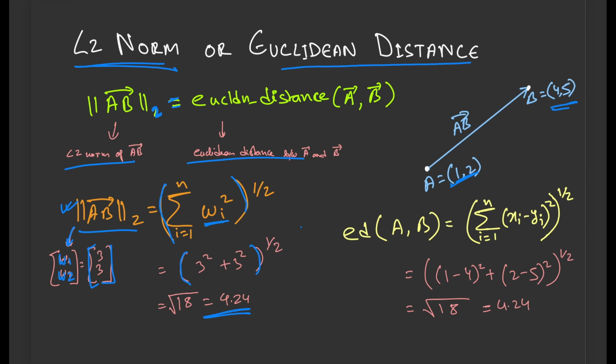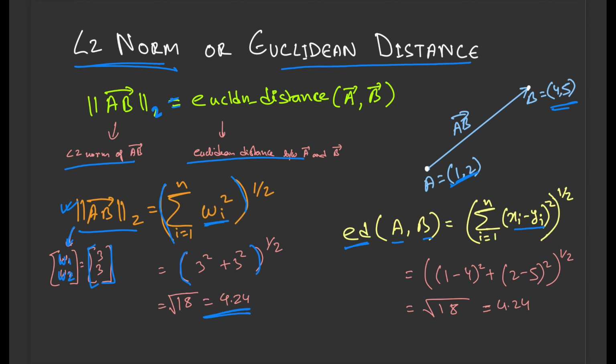Now, we can also use the distance formula to get the same thing. Basically, we need to calculate the distance between point A and point B. So, we are representing distance with ED. ED of A comma B is a similar formula. We'll have the whole square root of the summation of xi minus yi square.